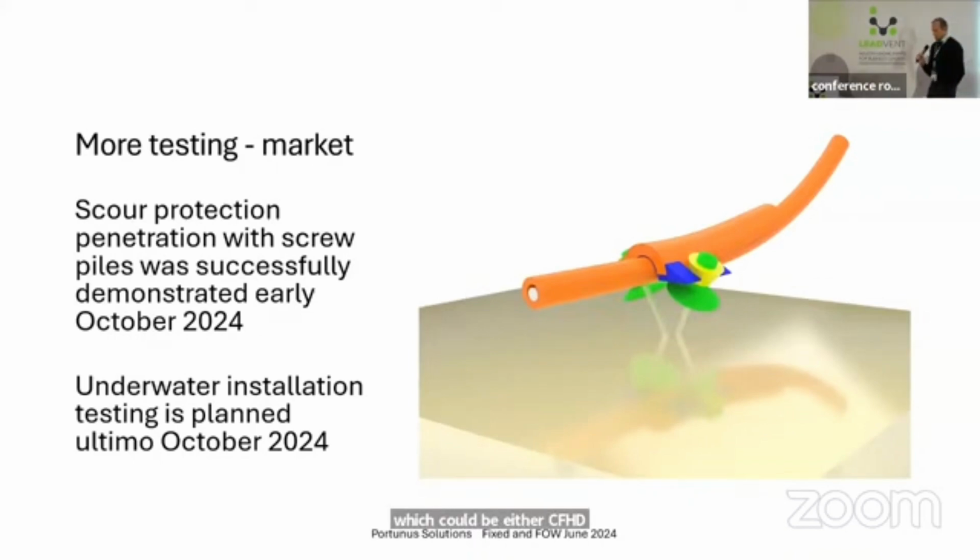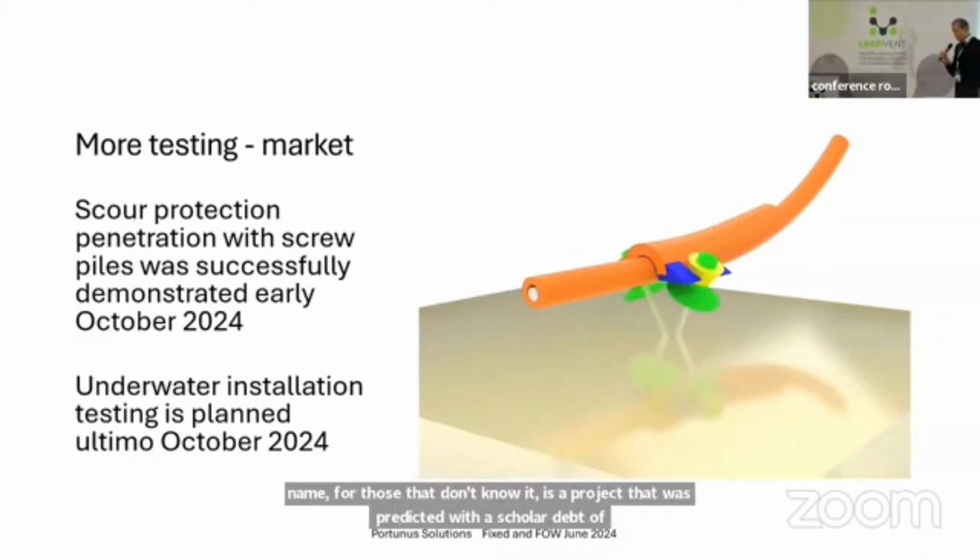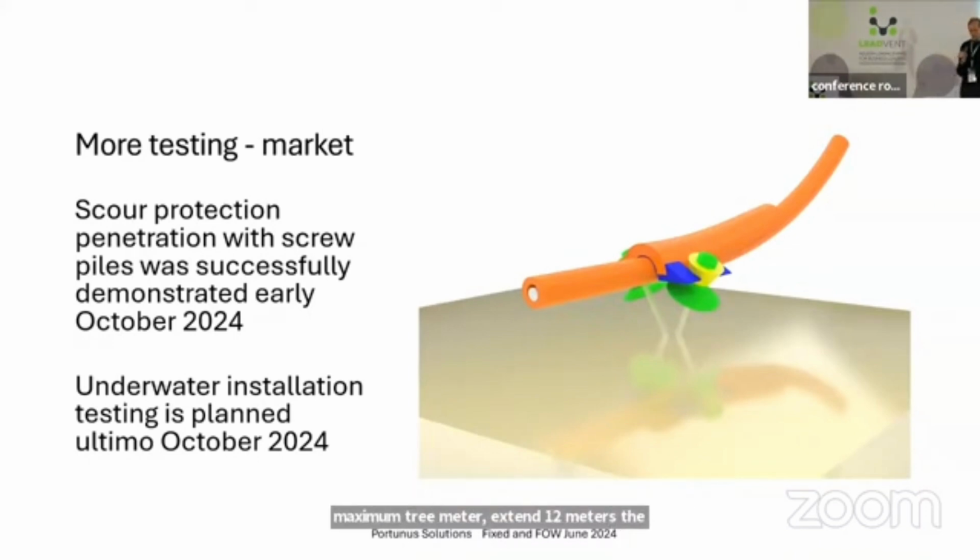Songning, for those that don't know it, is a project that was predicted with a scour depth of maximum 3 meters, extent 12 meters. The actual result was a depth of 12 meters, extent 107 meters. So a difficult field with very mobile seabed.